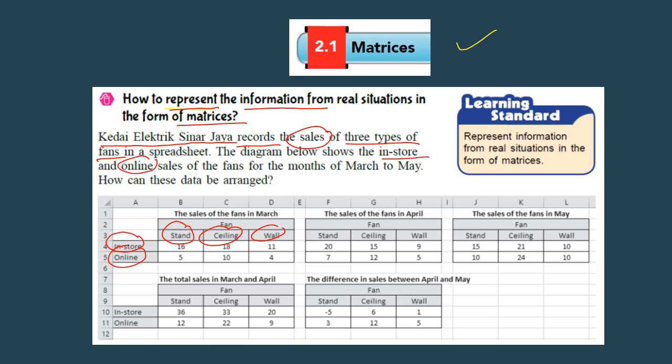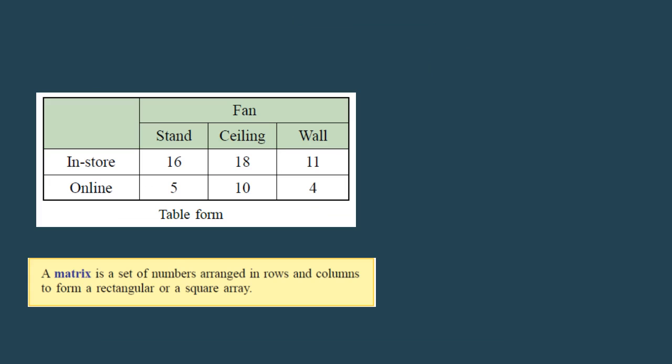So you have this information in March, April, May, and so on. How do you transfer this into matrices? This information is in table form. So we want to transfer it into a matrix form.